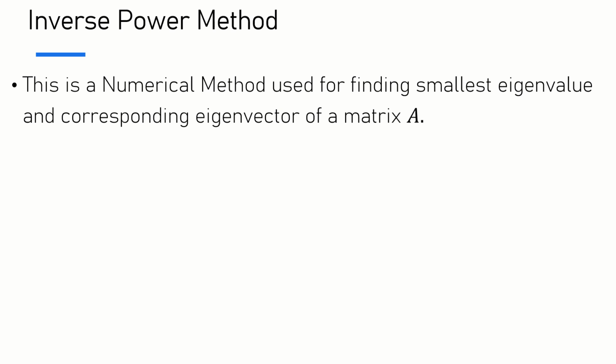At the beginning, again, I will just explain how it works. So let's suppose we have a matrix A. For a given matrix A, assume that lambda is the smallest eigenvalue.